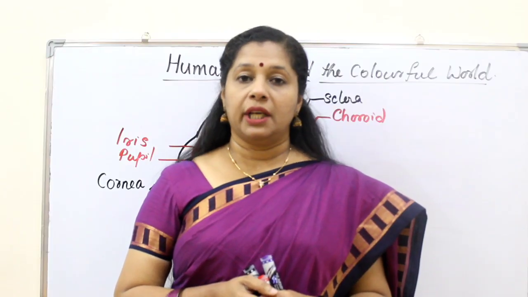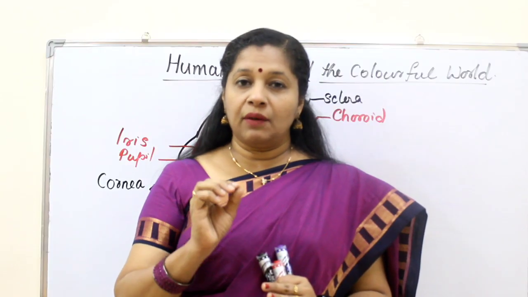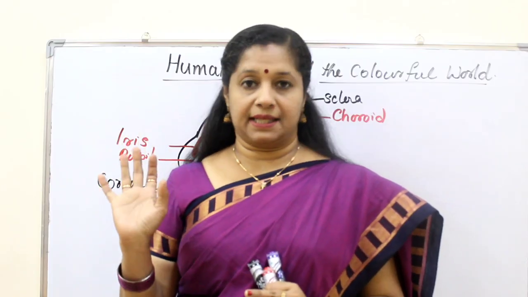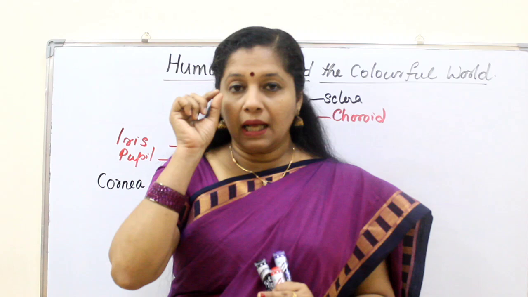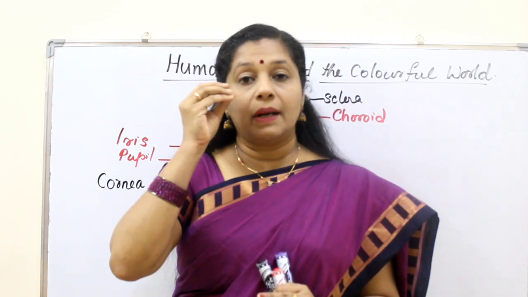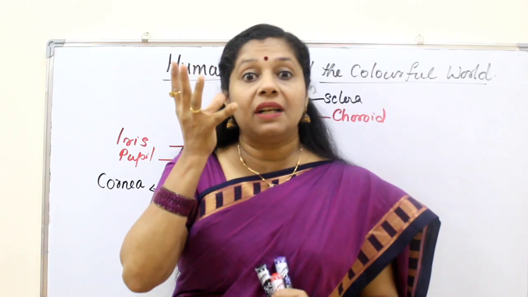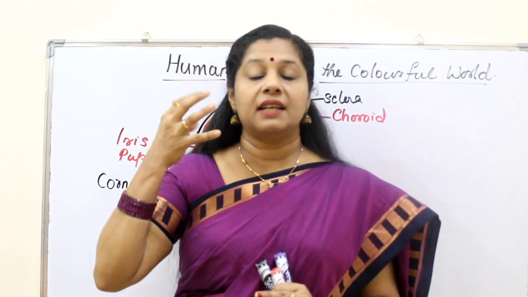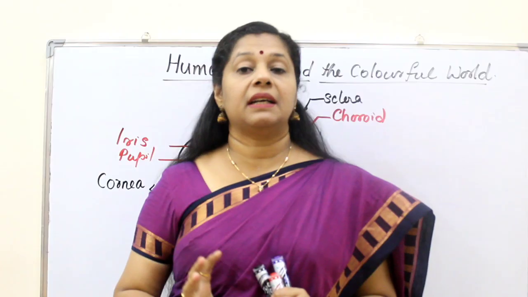So what you should do, you have to stand there for some time. Within 1 or 2 minutes, slowly things will start becoming visible to you in dim light. Why? Because since the light is very less, our iris will dilate. When the iris dilates, the pupil will enlarge. When the pupil enlarges, more light can enter so that we can see something clearly.